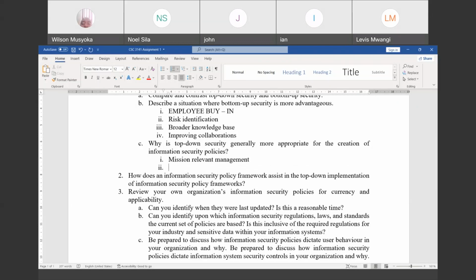Also, where there are processes that have matured, or in an organization where activity descriptions are clear, then you can use the top-down security mechanism.